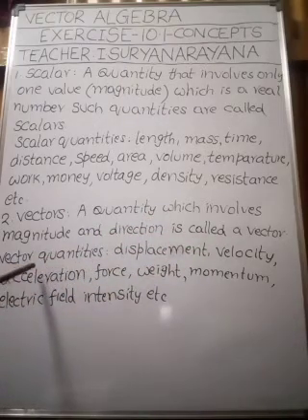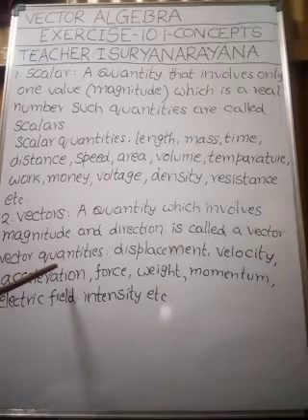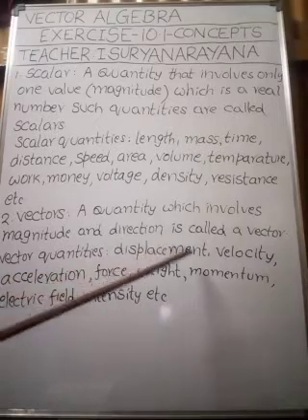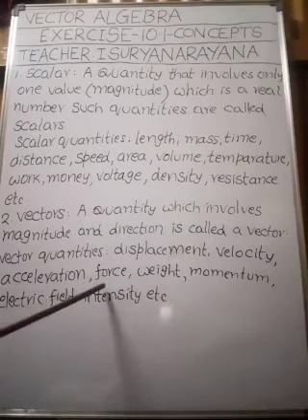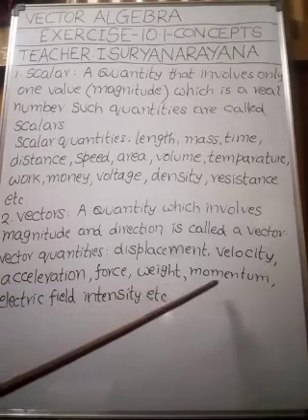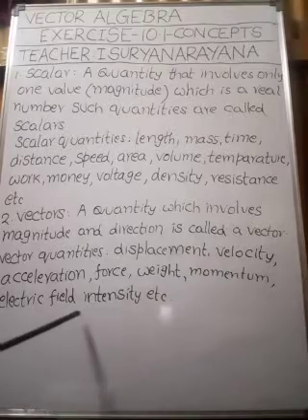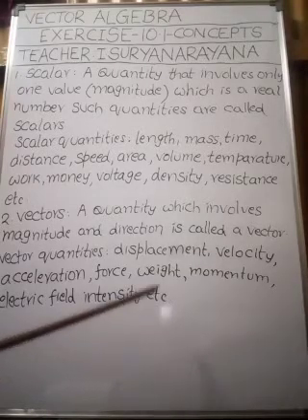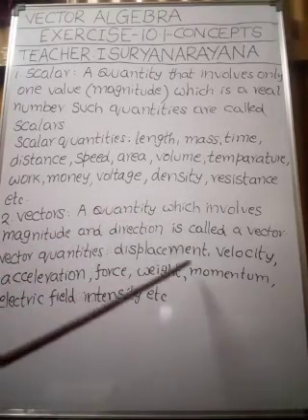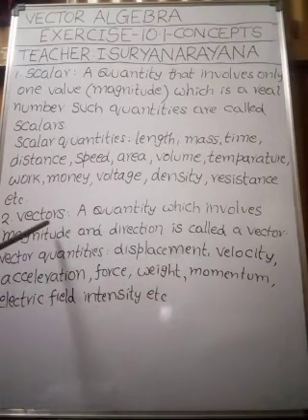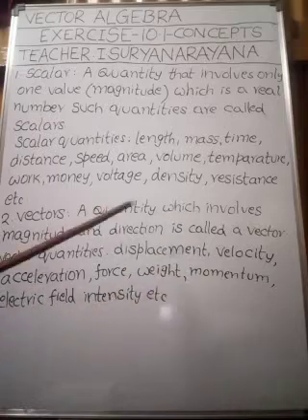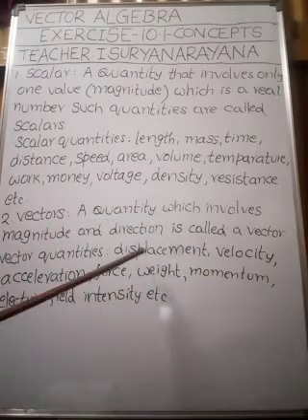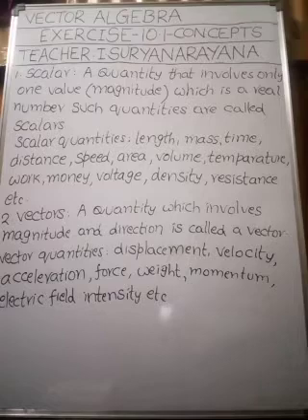Let us discuss some vector quantities: displacement, velocity, acceleration, force, weight, momentum, electric field intensity, etc. These physical quantities are called vectors because they involve magnitude and also direction. Okay, my children, understood this point?